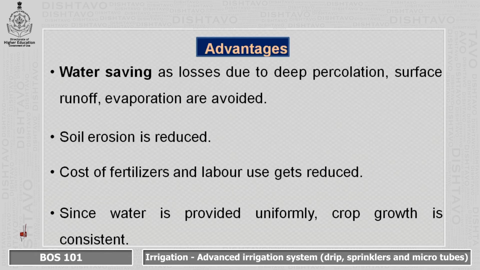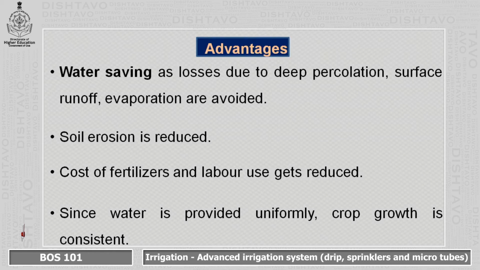Advantages: water savings as losses due to deep percolation, surface runoff, evaporation are avoided in this type of drip irrigation system. Soil erosion is reduced. Cost of fertilizers and labor use gets reduced.